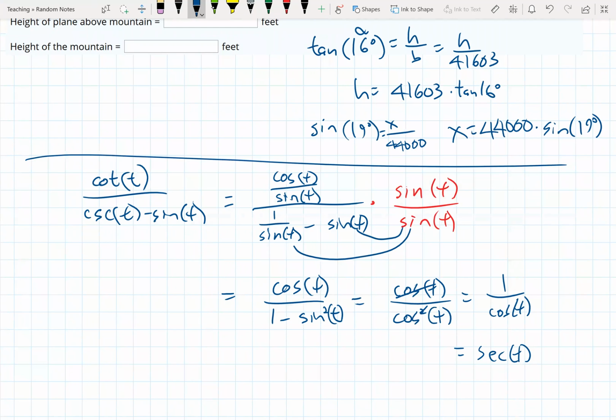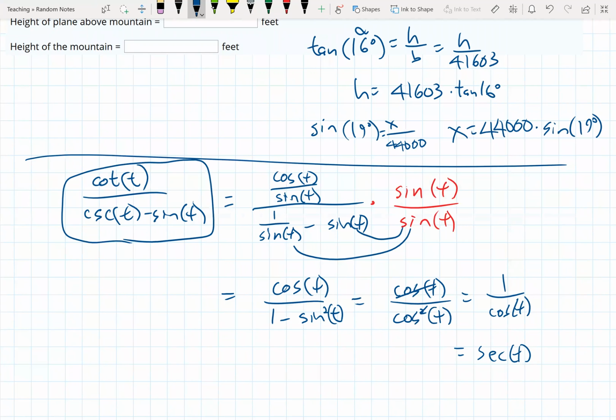Okay, so here is my version of the problem on the left. This was what was given in the problem. My first step was to rewrite everything in terms of sine and cosine. So I already had sine in the bottom, but I changed cotangent to cosine over sine and cosecant to 1 over sine.